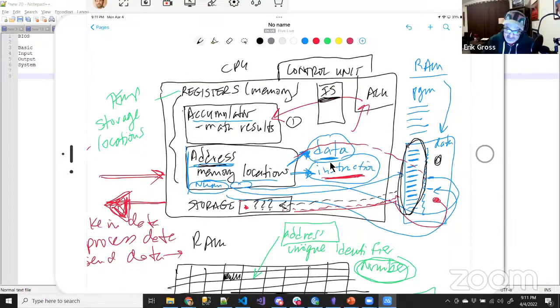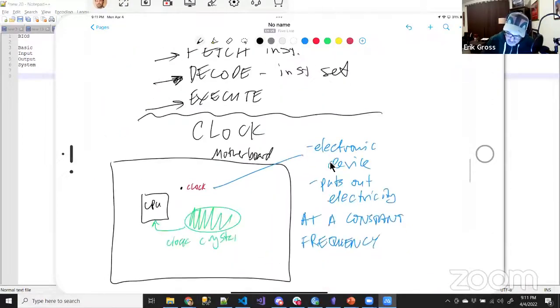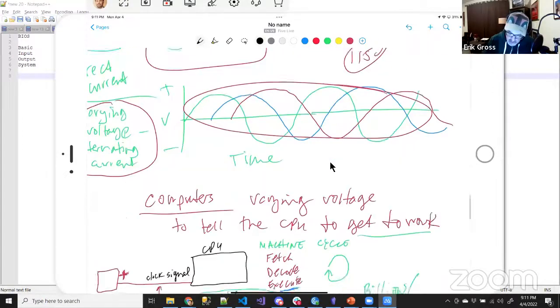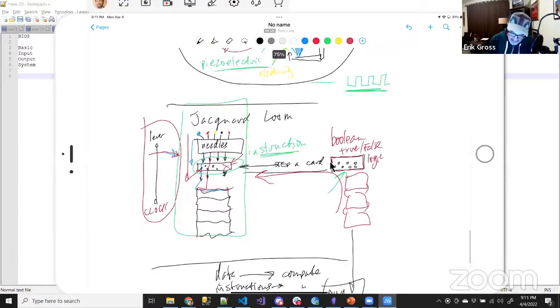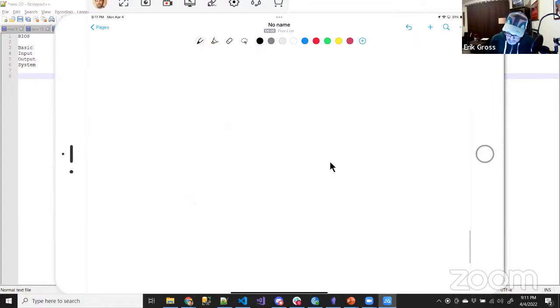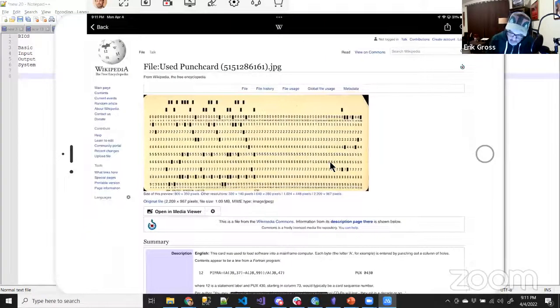We don't need anything physical to do it anymore. And we can control with a clock the thing that we used to control by moving this card one row forward, one row forward, one row forward.